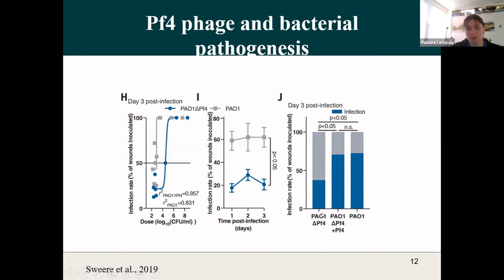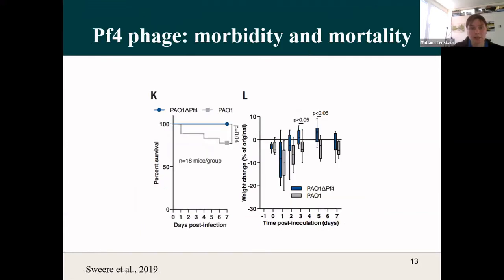Also, wounds infected with bacteria that have a prophage resulted in a much higher rate of infection. It was also associated with a much higher rate of morbidity and mortality and weight loss problems in mice.